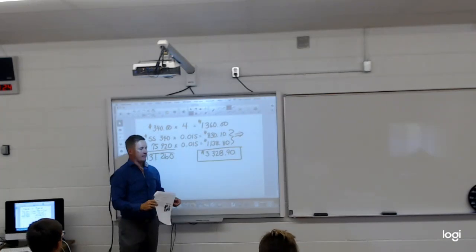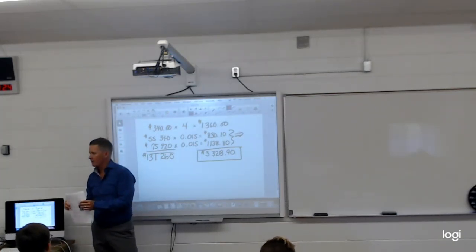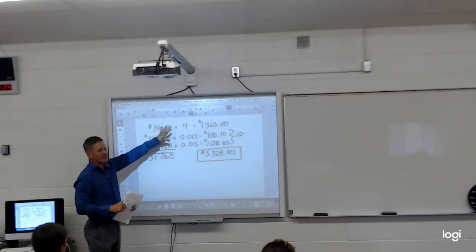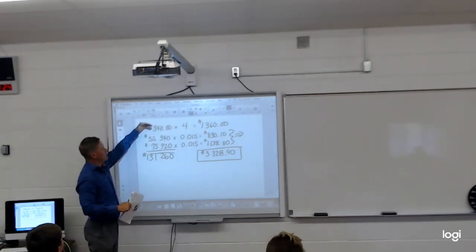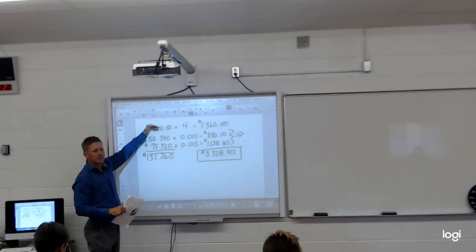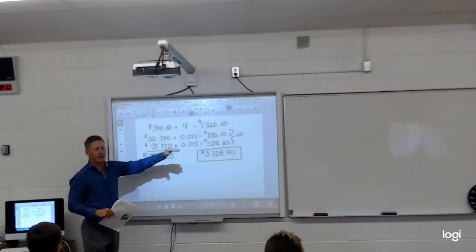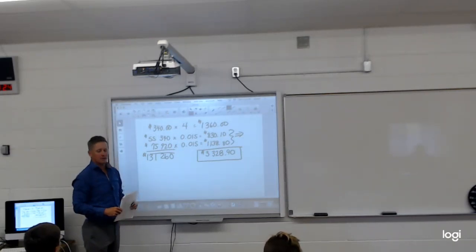So I'm doing it a little different than what these sheets are. I think this way might be the easiest way to set it up. So take your number of weeks times your salary, and then find 1.5% of each, and then just add them all together. Okay?